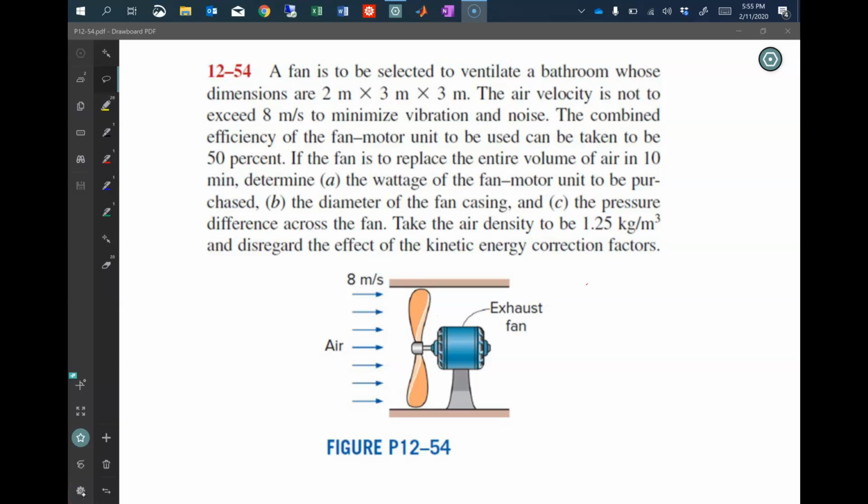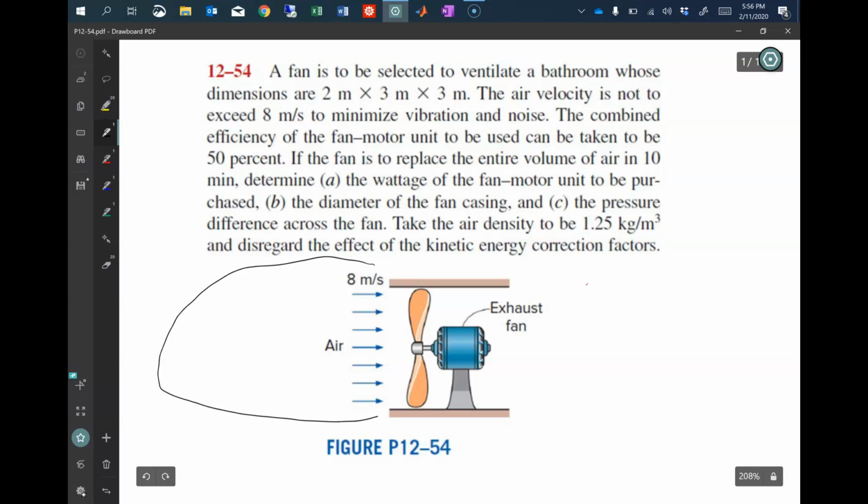Okay, let's see if we can get through this problem. When I was setting this up, I'm trying to figure out how many energy equations I'm going to use, so I'm looking for places where I have interest in finding energy. The first thing I think about is that I have this room over here that has no energy in it because the air over here isn't moving significantly.